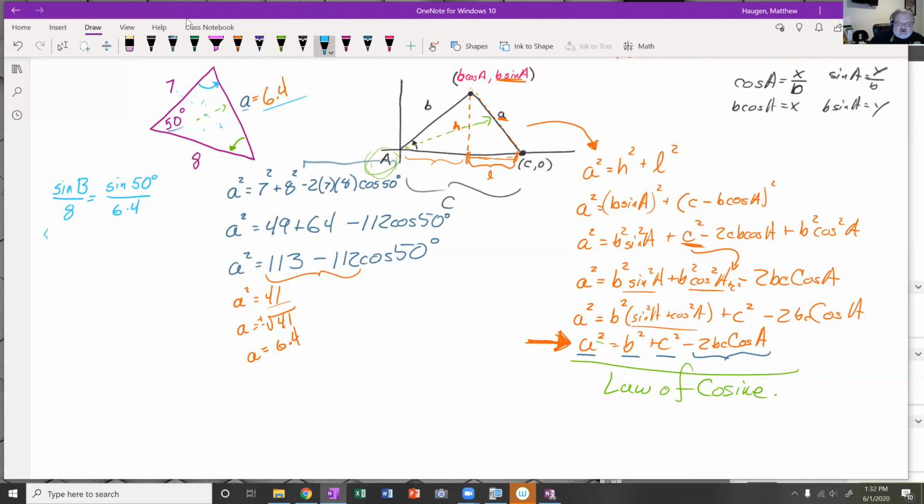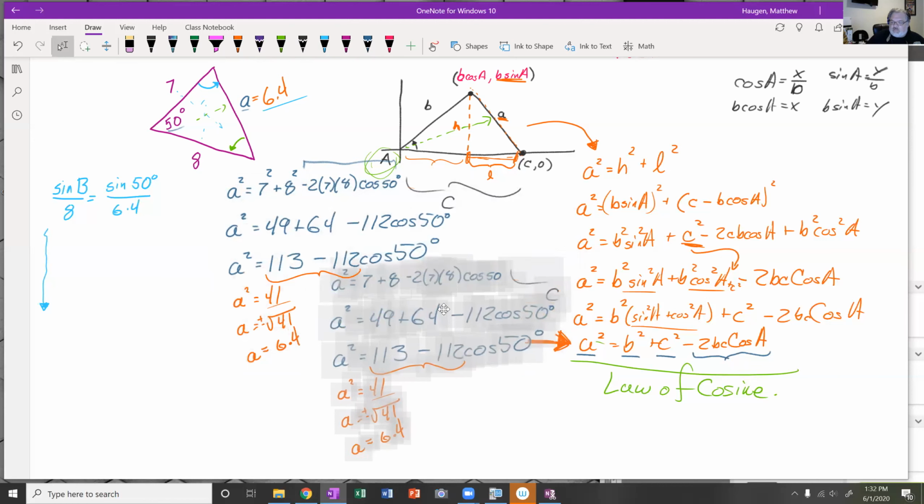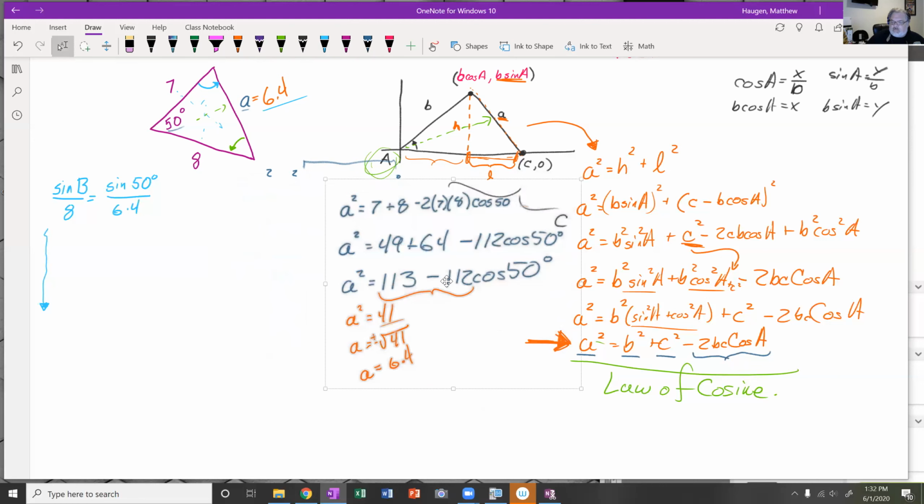So take a moment and find that angle B. Move this out of my way a little bit. I want to compare that to finding the green.